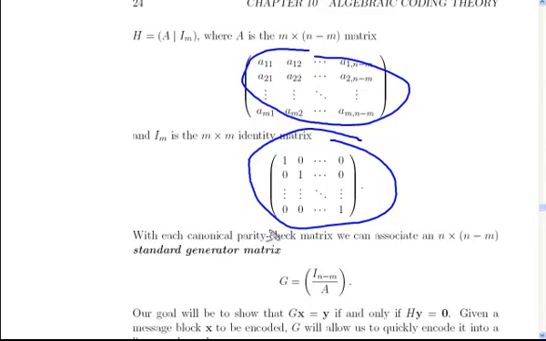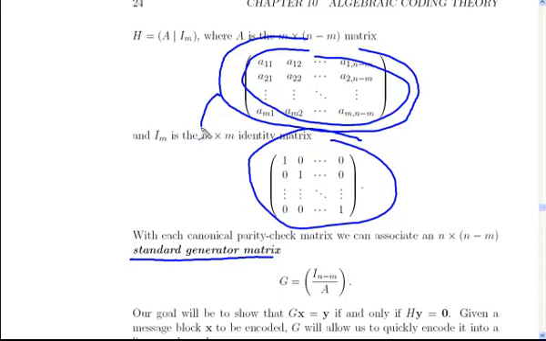Now, you can associate with this something called a standard generator matrix, which is related in a way that we'll see later. Basically, you take this same leading matrix, and instead of stacking it in front of an m by m identity matrix, you stack it below an n minus m by n minus m identity matrix.